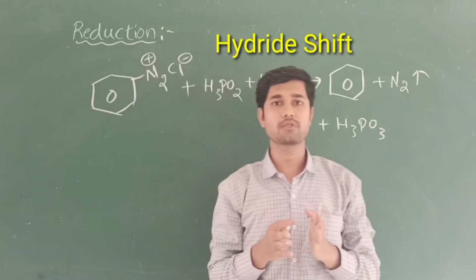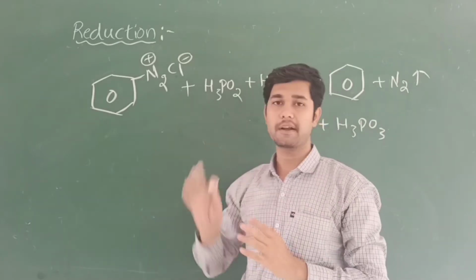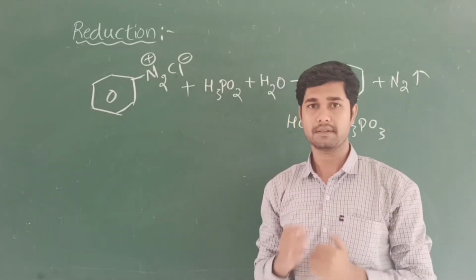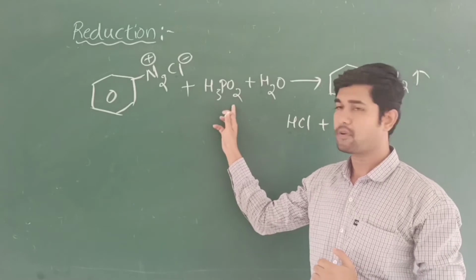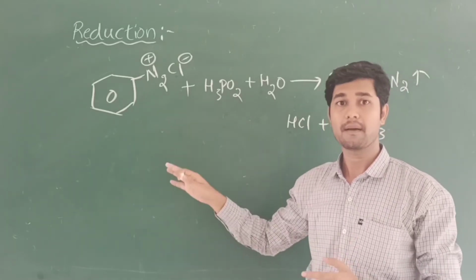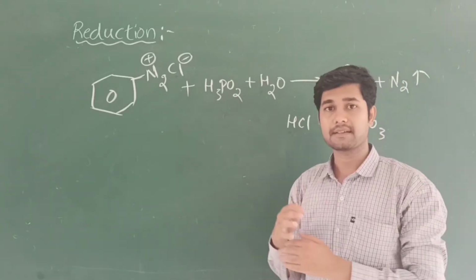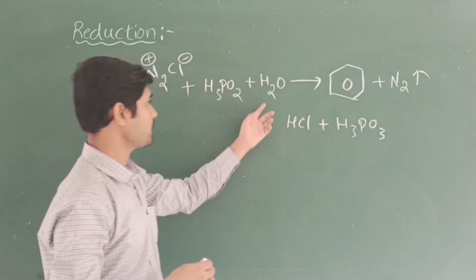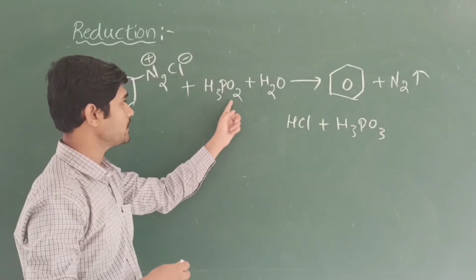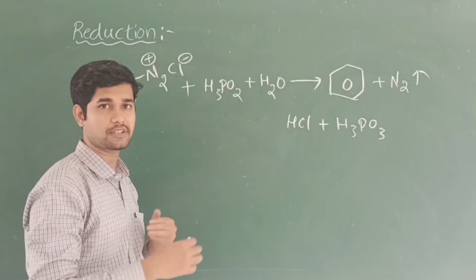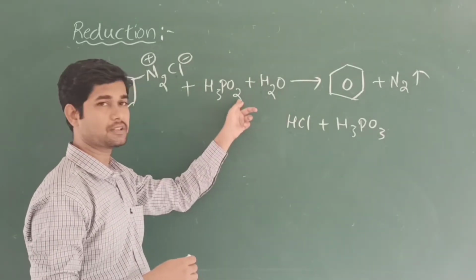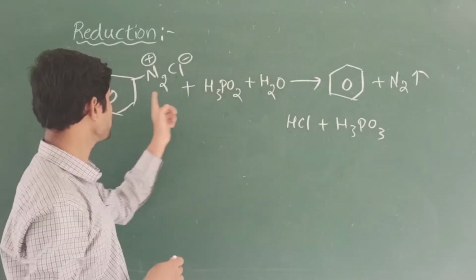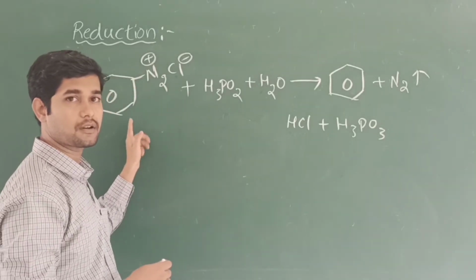Reduction means we reduce this compound using these mild agents. Here H3PO2 acts as a reducing agent, but it itself is oxidized. Why do we use water molecules? Because to make the oxidation it takes oxygen, and simultaneously it reduces the diazonium salt.